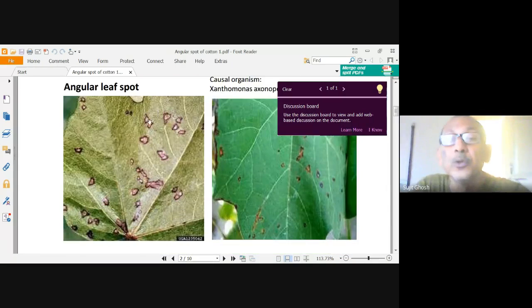Now, if you look at the spot, you will see an angle, and the margin is brownish red, and within this, the green coloration has vanished, it becomes brown in color.